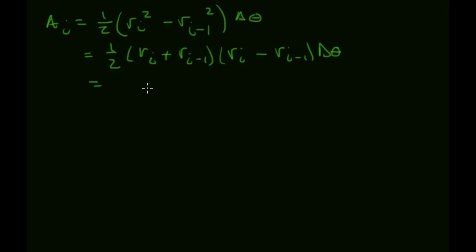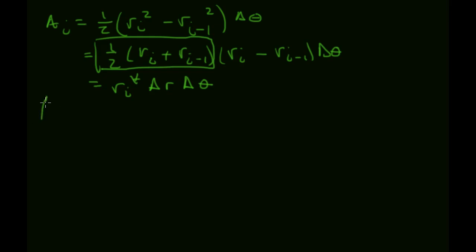So what do I have here? This is what we defined very carefully as r_i star. And this is the change in r, so that's delta r times delta theta. So we can start branding a bit of an integral here.